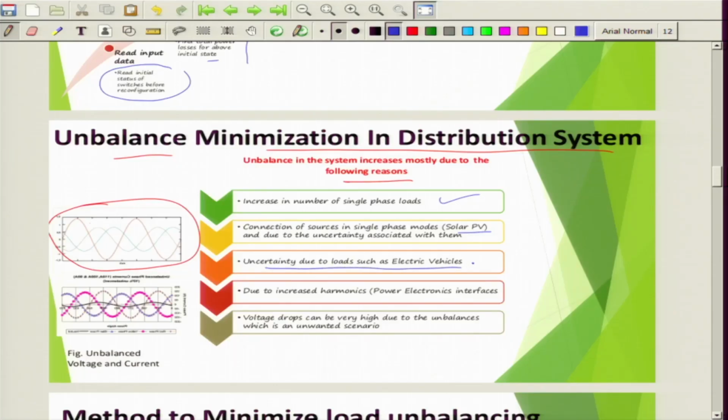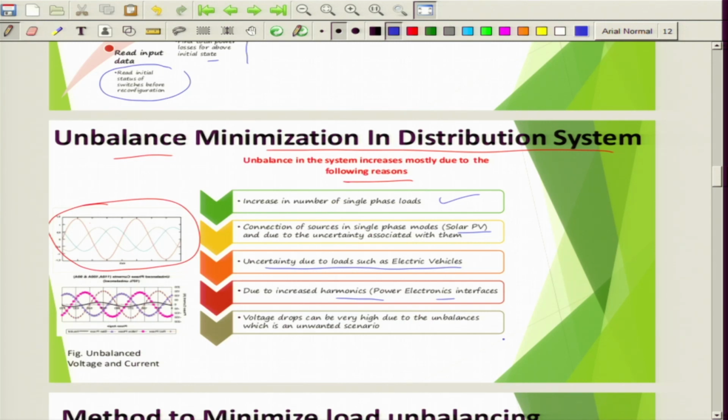Not only that, there is uncertainty due to loads such as electric vehicles. Electric vehicles are a kind of disguised storage. They can either go for charging or discharging at any given point of time, and thereby may change the load pattern of that specific phase. Then there are increased harmonics, because you are bringing in a lot of power electronic converters, both for solar PV and for electric vehicles.